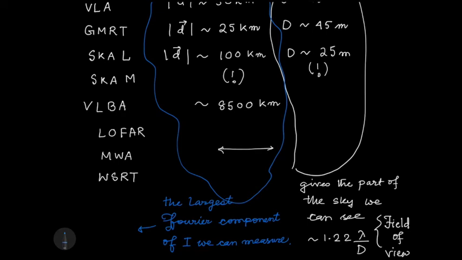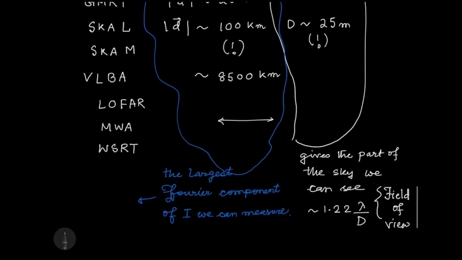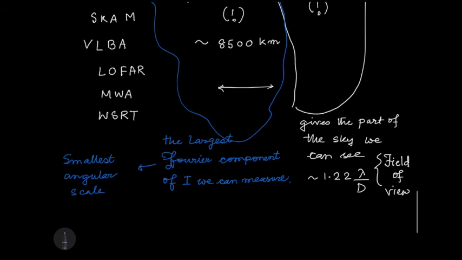The largest Fourier component, as we discussed in the last class, always corresponds to the smallest in the other domain. So this will correspond to the smallest angular scale, and hence the resolution of this interferometer, the angular resolution, is given by lambda by d.